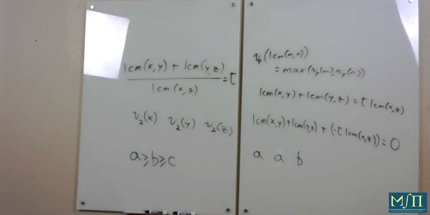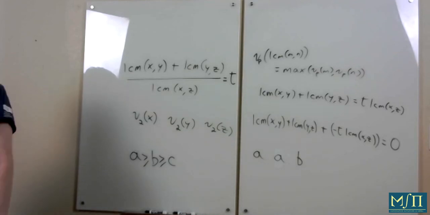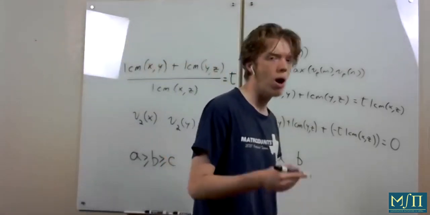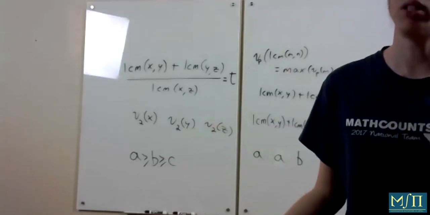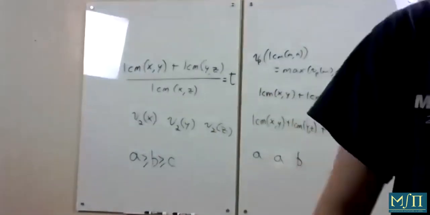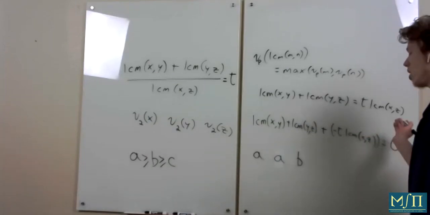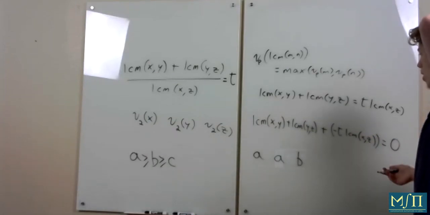And so we can consider the maximum power of 2 dividing any non-zero integer. It doesn't have to be positive, it could be positive or negative, as long as it's not 0. This is a negative integer, but it's not 0, so we can consider its maximum power of 2.